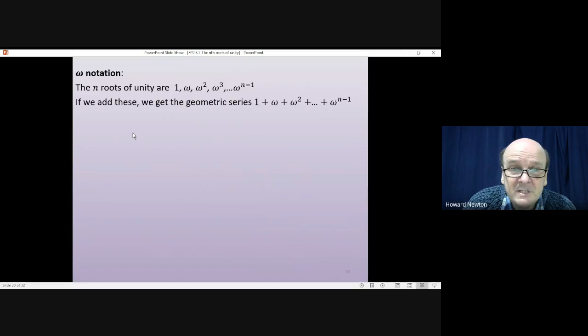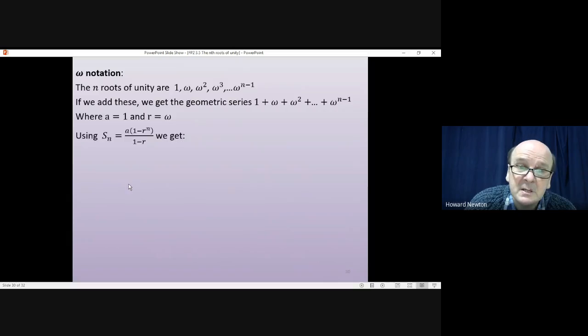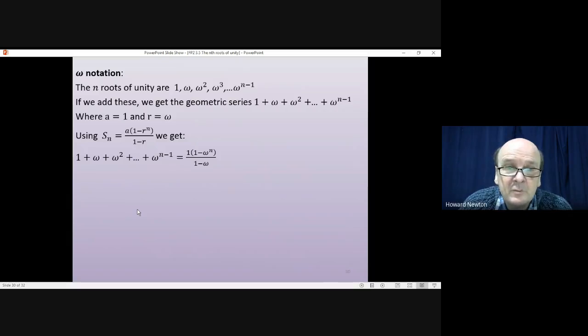Now, it's a geometric series where the first term is 1, and the common ratio that we're multiplying by is omega. We can find the sum of that series using the formula for the sum of a geometric series. And if we substitute a equals 1 into here, and r equals omega into there, then we get the sum of all of the roots of unity is equal to that.